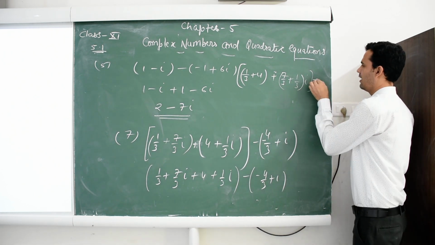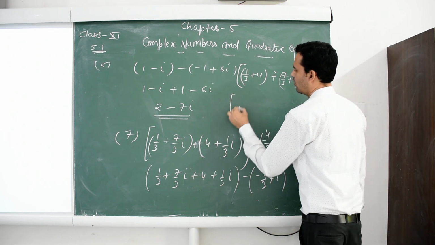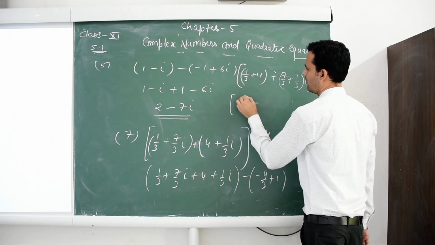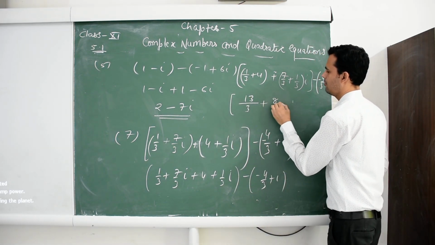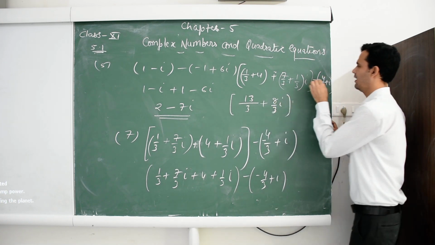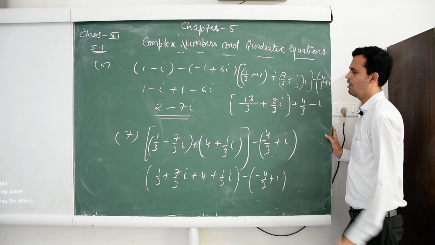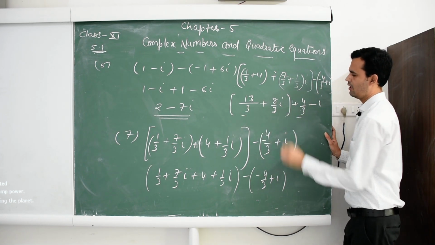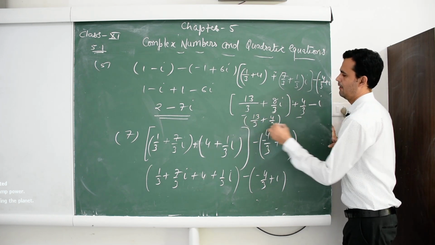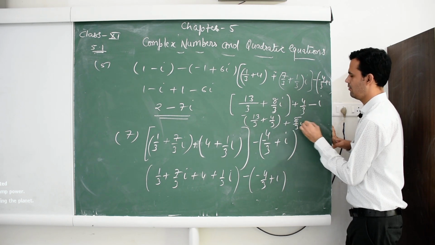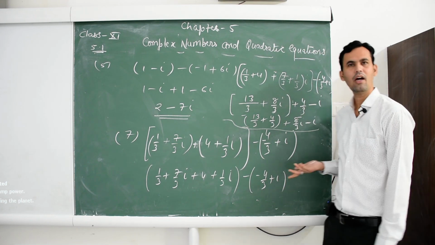Then minus 4 by 3 plus I. The LCM is 3, so 1 plus 12 means 13, plus 8 by 3i, minus 4 by 3 minus I. Again we take the two real terms: 13 by 3 minus 4 by 3, plus 8 by 3i minus I. If we solve this, we get the answer.